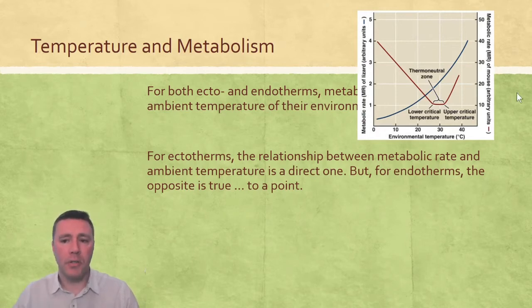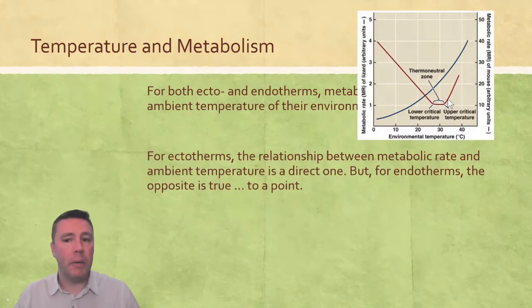Now you may notice that there's an interesting little region of this graph right here called the thermal neutral zone. The thermal neutral zone represents what's called the basal metabolic rate. At this range of temperatures right here, the rate of metabolic heat production and the rate of heat loss to the environment are equal to one another.